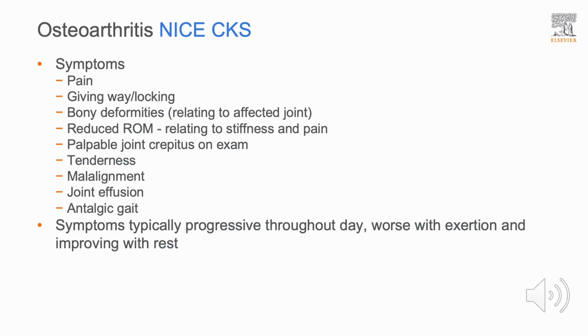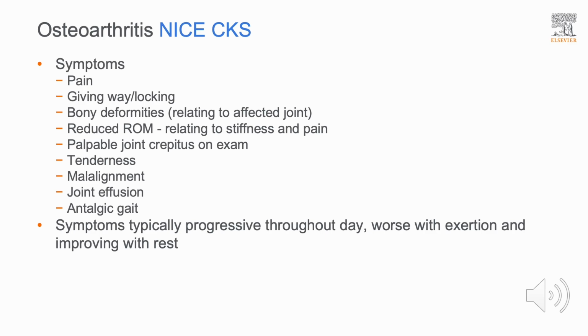Symptoms of osteoarthritis include pain, which is typically better in the morning after rest and progressive throughout the day, worse with significant exertion. The joint may give way or lock. There may be associated bony deformities of the affected joint. There is typically stiffness with a reduced range of motion relating to both stiffness and pain on joint mobility.